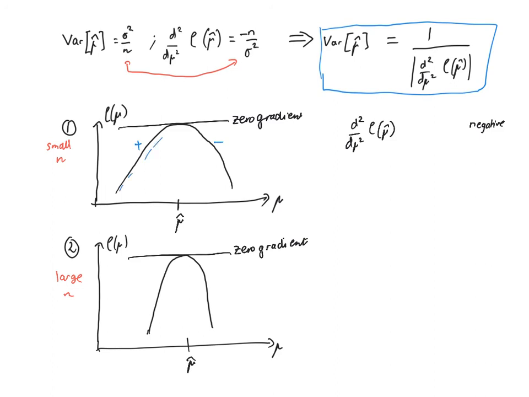So the second derivative is going to be small and negative. Now, in this second case, we're going from positive to negative gradient, but we go up quickly and come down quickly. So the second derivative evaluated at the maximum likelihood estimate is going to be large and negative.